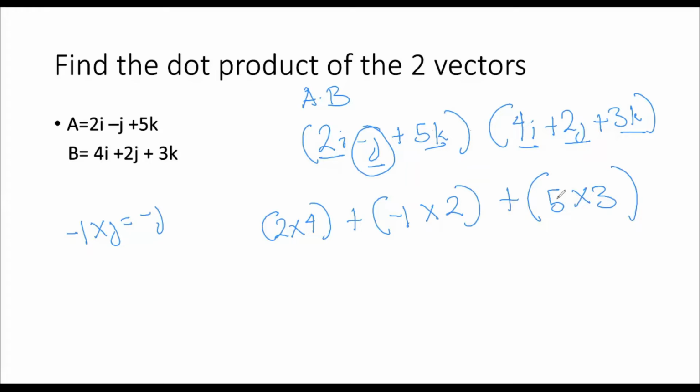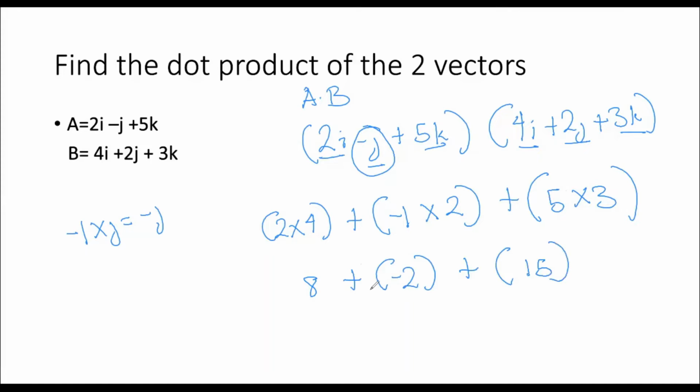So we multiply the coefficients of each and then add them together. 2 times 4 will give me 8. Minus 1 times 2 will give me minus 2. And 5 times 3 will give me 15.